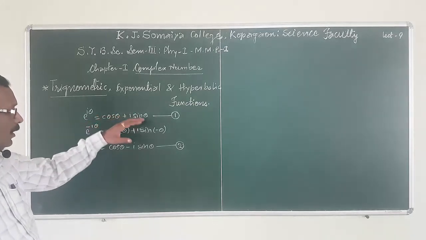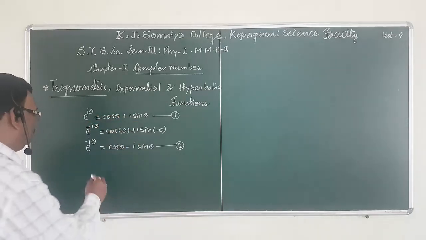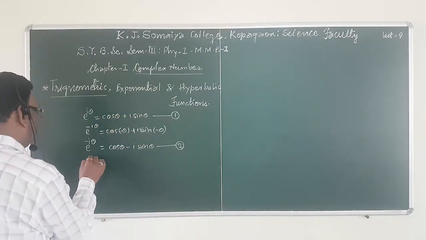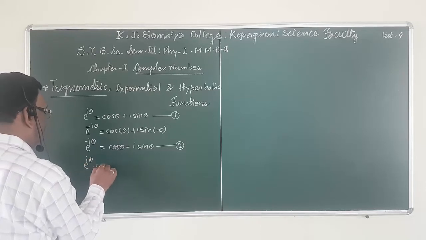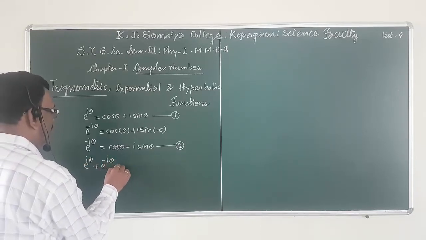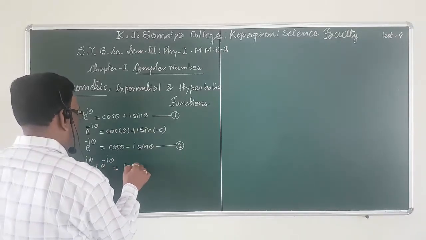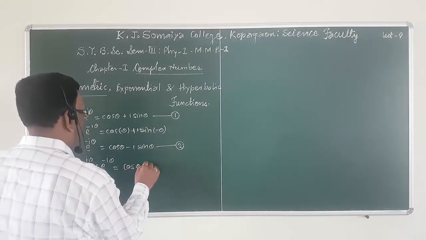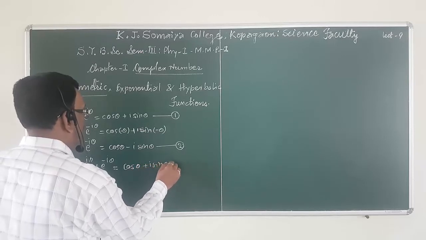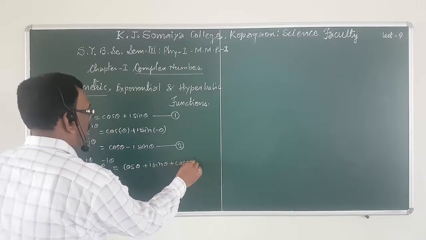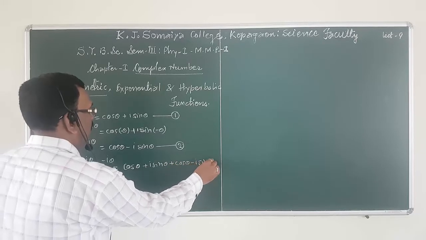Now, add equations 1 and 2. We have e raised to i theta plus e raised to minus i theta is equal to cos theta plus i sin theta plus cos theta minus i sin theta.